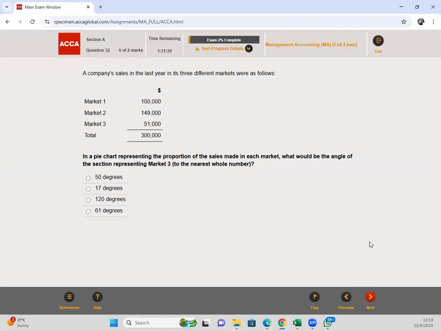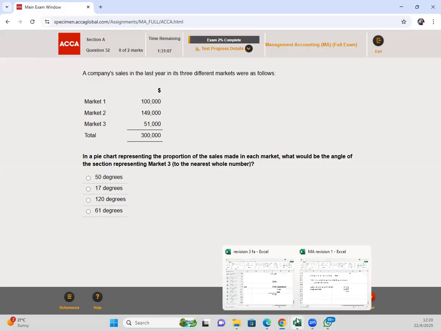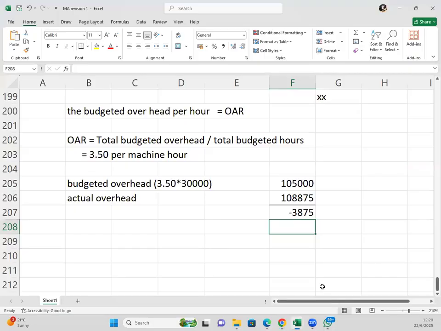For example, for market one, you say the sales for market one over the total, times 360. That's how you get the degrees for market one. But in this question they're asking for market three, so you'd say the sales for market three over the total sales, times 360. So sales for market three, which is 51 over 300, times 360.